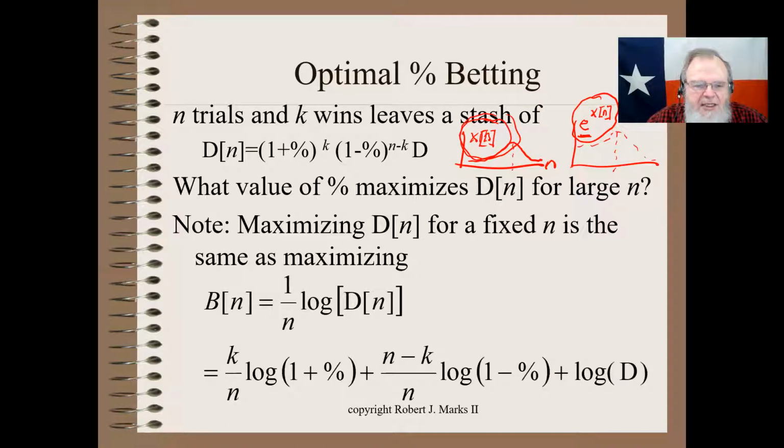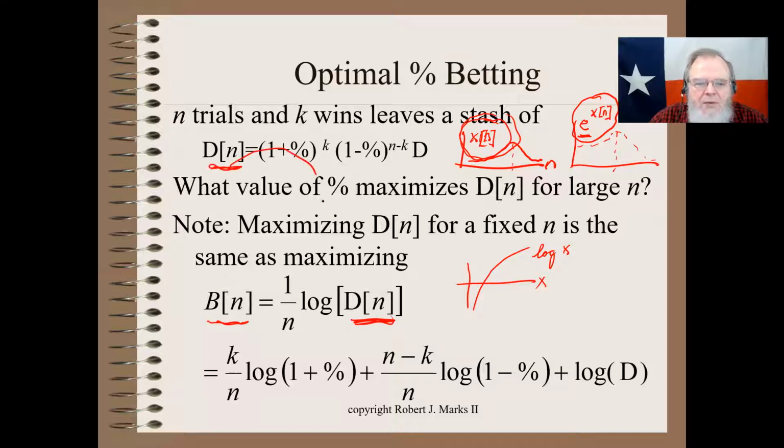So it's the same as maximizing 1 over n times the log of d sub n. And you'll notice the log function goes like this, right? So it's strictly increasing. So maximizing b sub n is the same as maximizing this. This d sub n is the same result that we have up here.